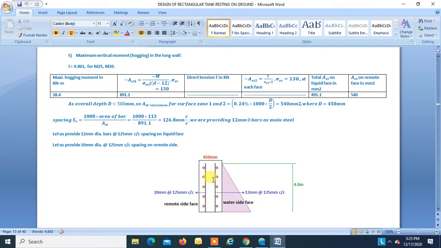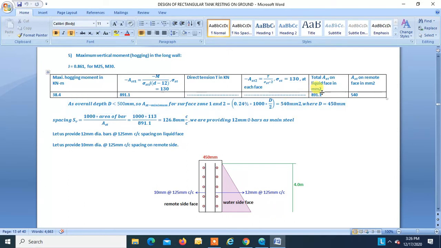So there is no direct tension when we are considering the vertical steel. So this is 0. So AST found is 891, which should be greater than a minimum. So minimum is 540. So 891 is greater than 540, so it is okay.